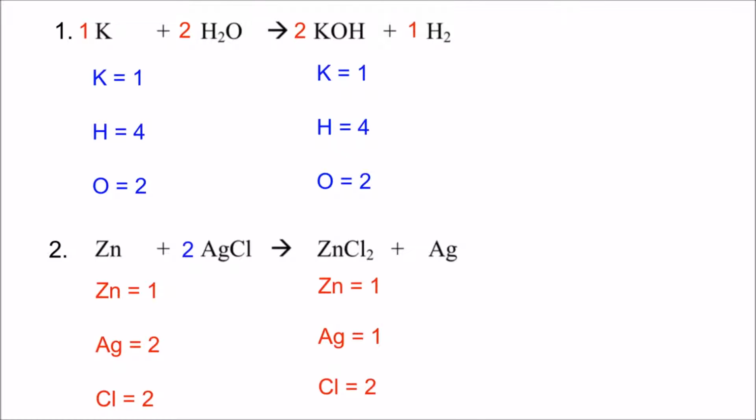So if I want there to be 2 silvers on this side, I need to multiply by 2. Okay, so now it looks like both sides are equal. Of course, I have an understood 1 here and an understood 1 here, and you are required to put those in, so let's do that. Okay, and so we have the correct balanced chemical equation.